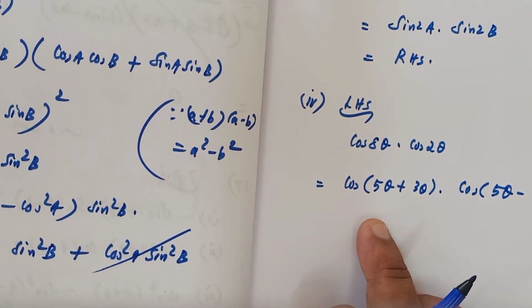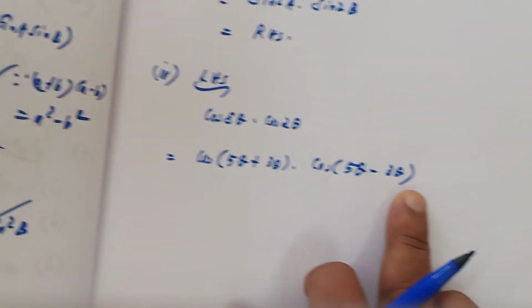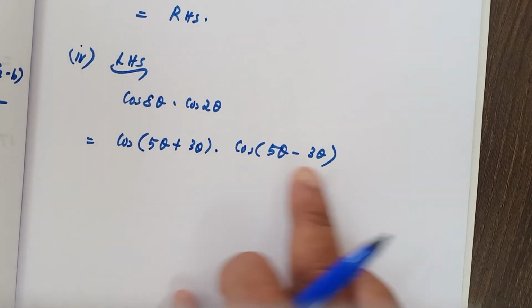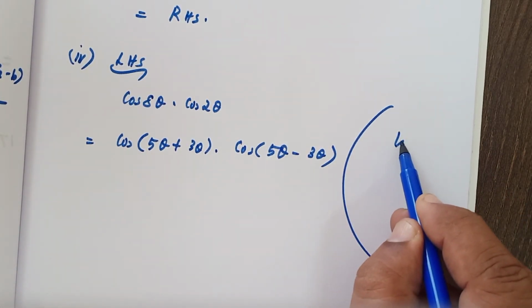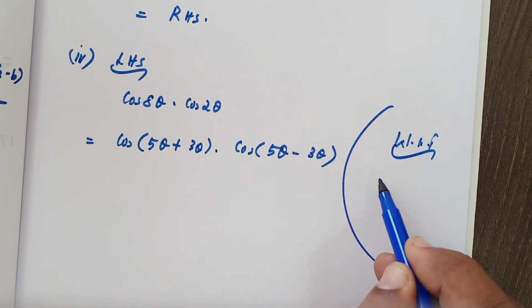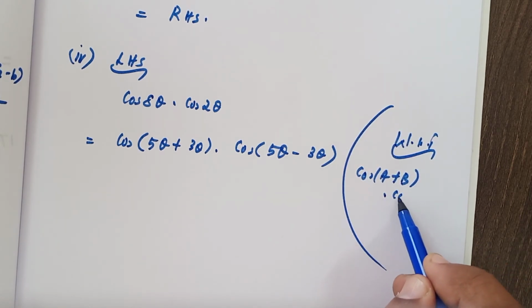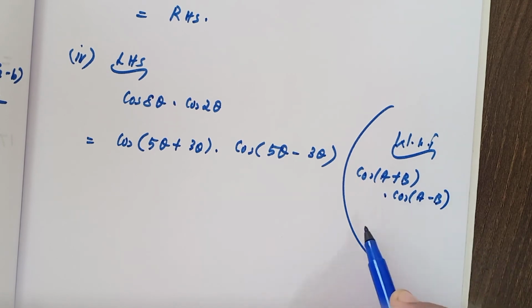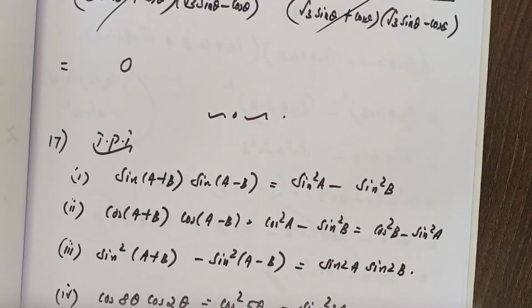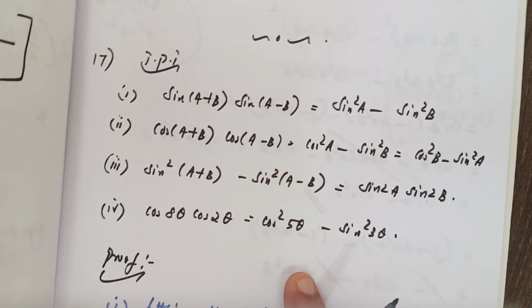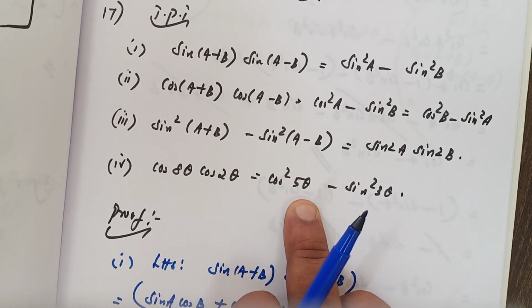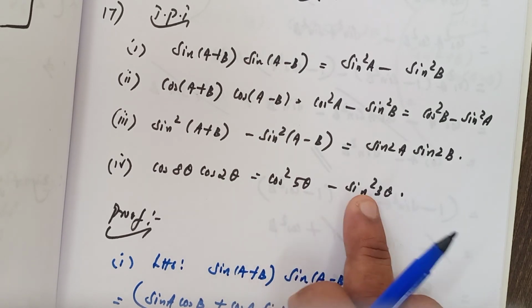So what form is it? Cos of a plus b into cos of a minus b. We know that cos of a plus b into cos of a minus b is equal to, look at that result, cos squared a minus sin squared b.